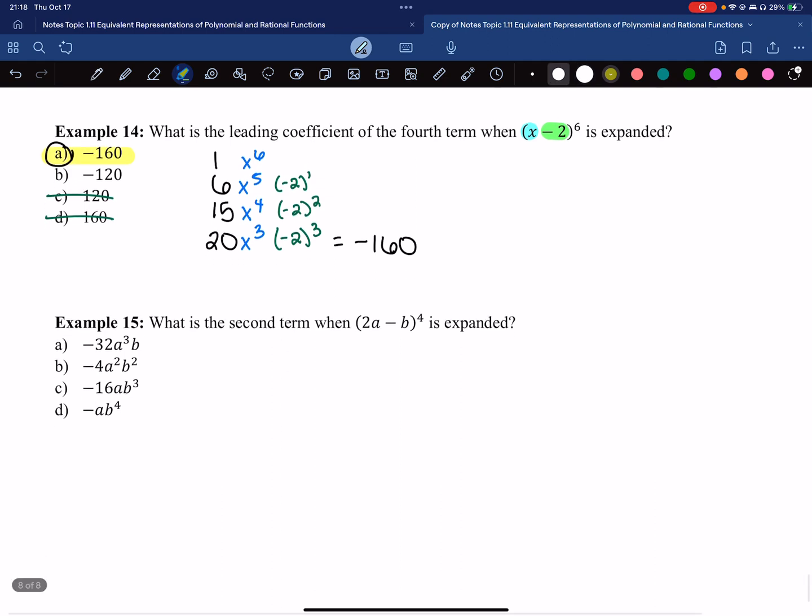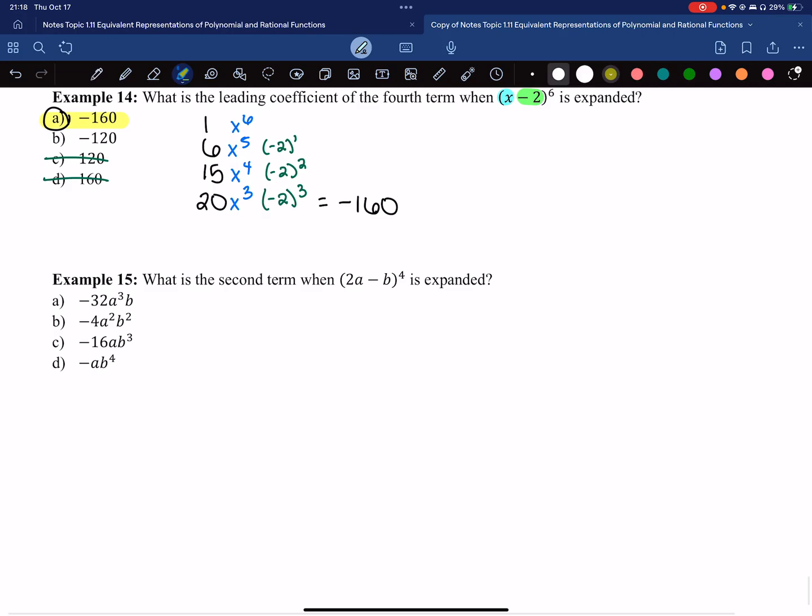Okay. Next one, what is the second term when 2a plus b to the fourth power is expanded? So when my exponent is a 4, we're going to use 1, 4, 6, 4, 1. And all we want is the second term.